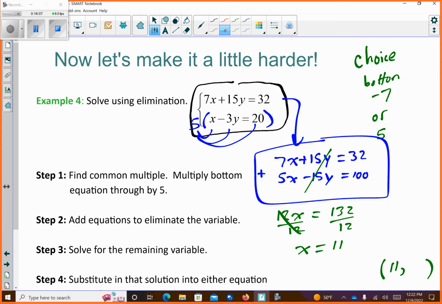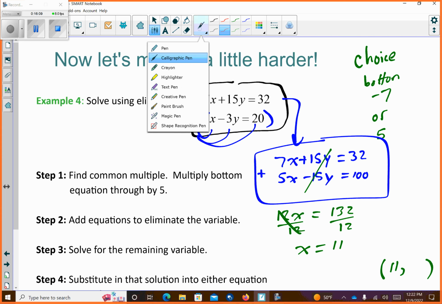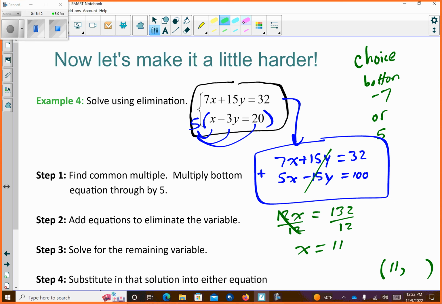All right, so, my friends, I am going to take this 11, and I'm going to plug it into either of the original x's. So, bottom, I like it. Bottom, you don't have to multiply by anything, right? So I'm going to bring x minus 3y equals 20 over here.